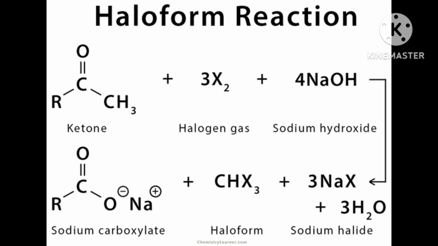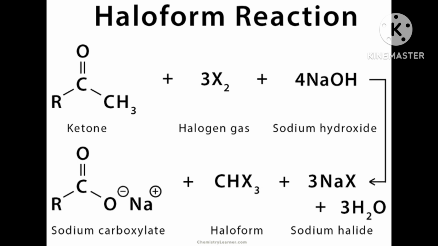Fehling's solution A is aqueous copper sulfate, and Fehling's solution B is alkaline sodium potassium tartrate. Aqueous copper sulfate, dissolved in water, is Fehling's A, and Fehling's B is sodium potassium tartrate.